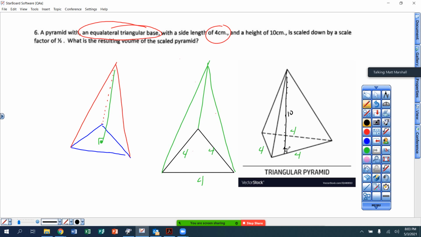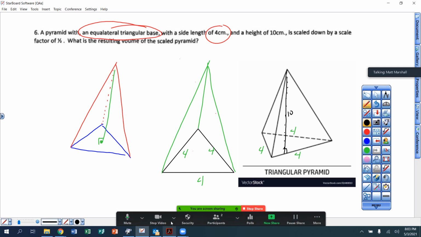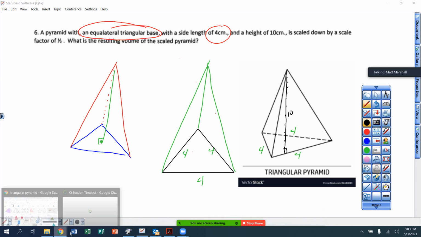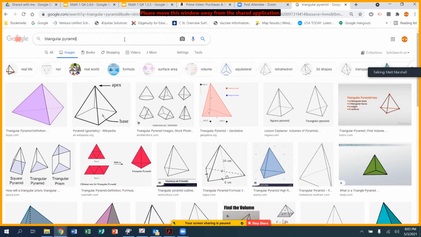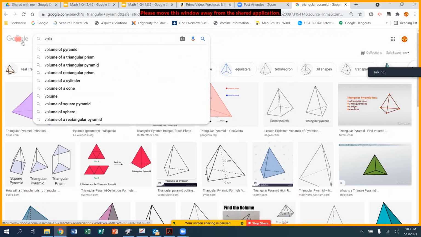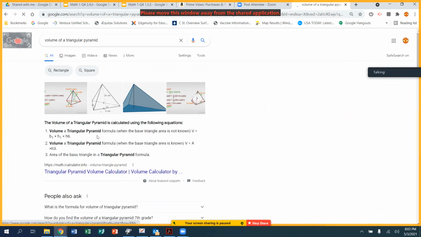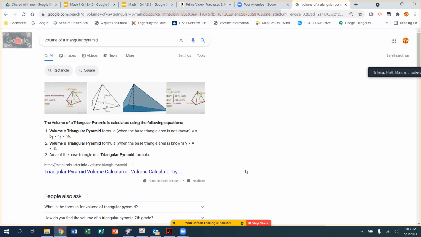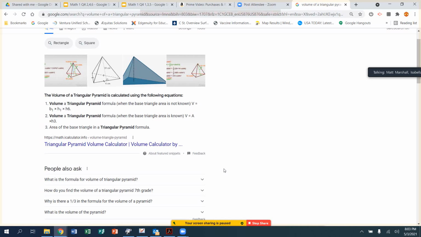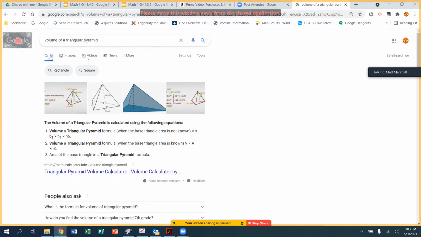If I found the volume, let me look for a volume of a pyramid formula here. Mm-hmm. Here it is. So the volume is the base times the height. Let's hold on here.